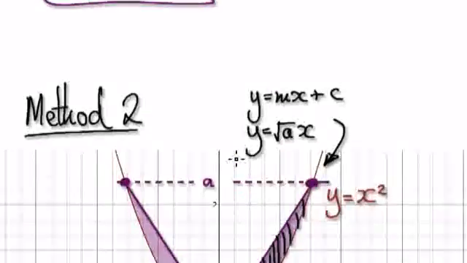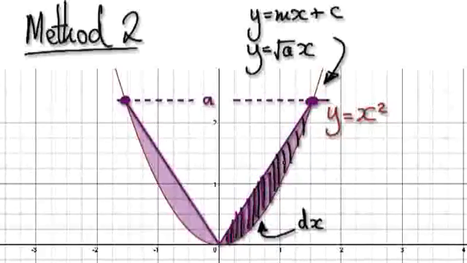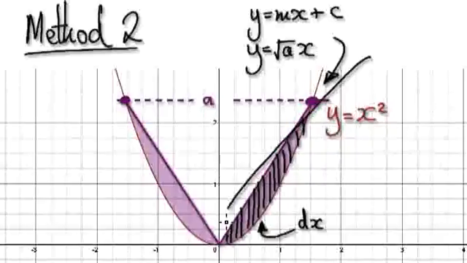The second method would be for us to integrate the difference of the two. So you would get this line here, take away the x squared line. So what is the equation for this straight line?